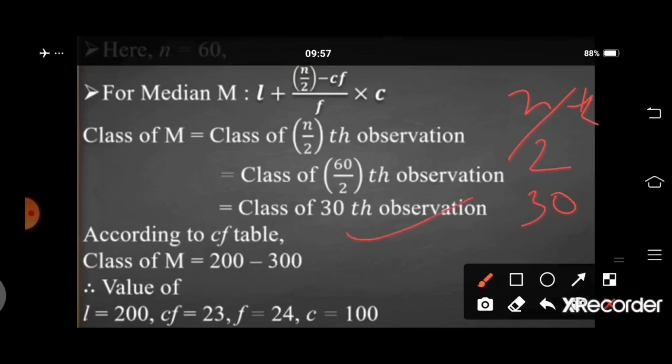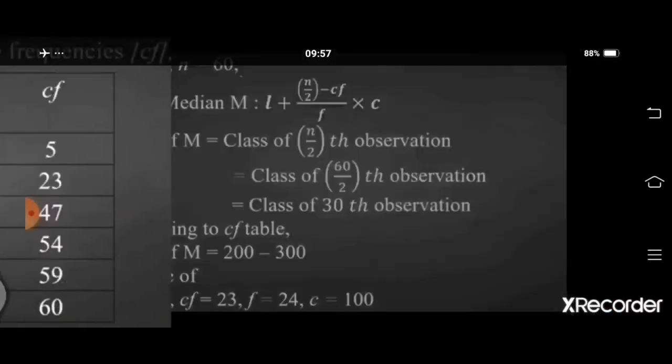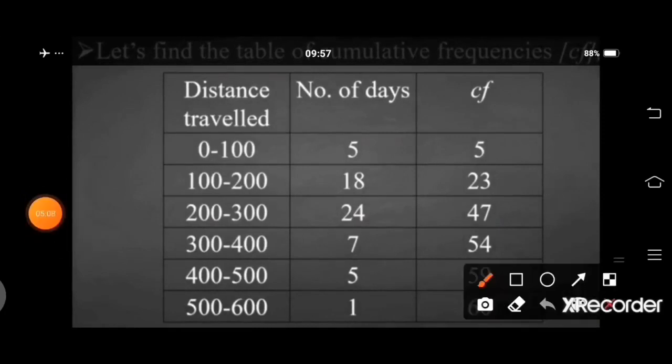If we see in the CF column, 30 comes here. So the median class, our class, is 200 to 300.